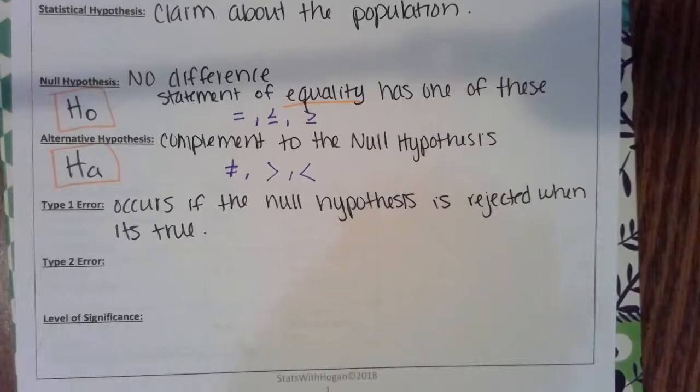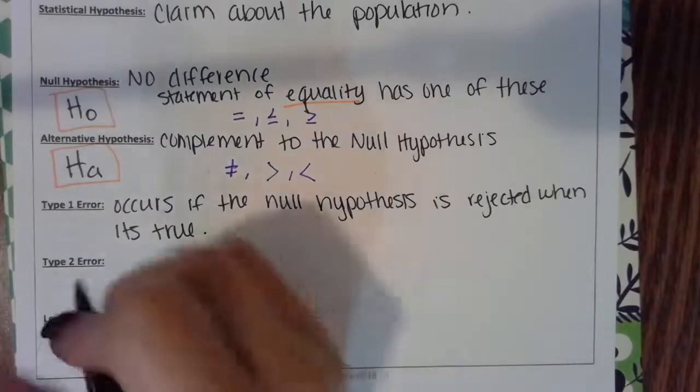So basically that just means that if you work with your null hypothesis, which is say I work with the fact that my third period class has 18 people, which is true, but I conclude that that is not true, that third period has 17 people. Then my null hypothesis was true, but I rejected it. That's a type 1 error, when you reject your null hypothesis that was true.